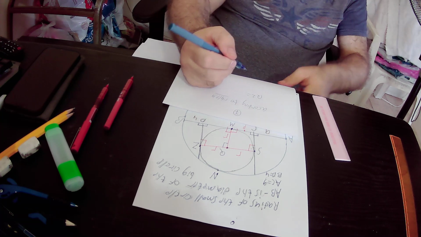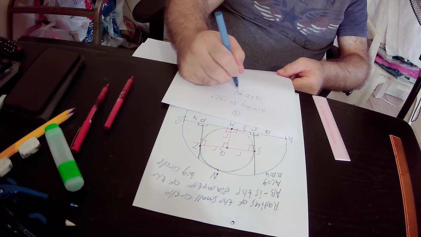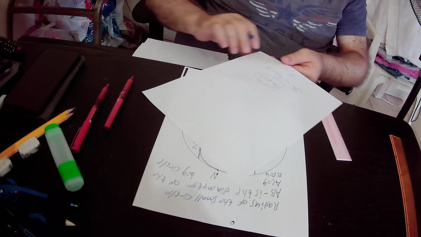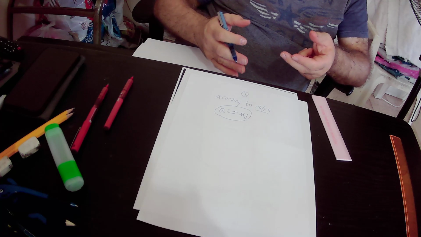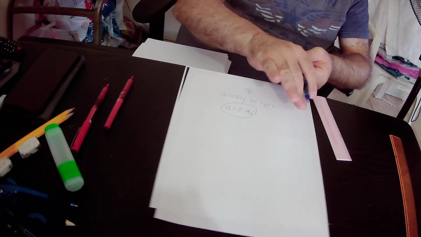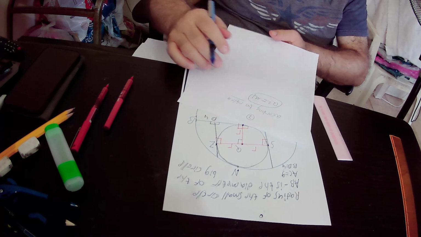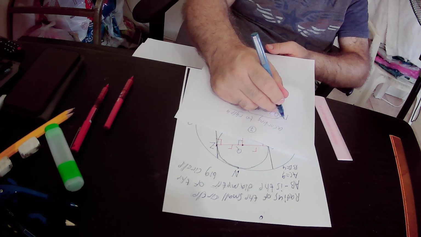QZ equals MD according to rule number 4, but we know that QZ equals the radius of the small circle.